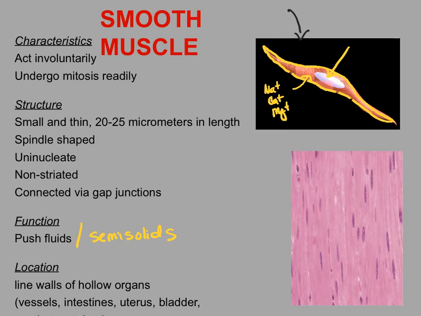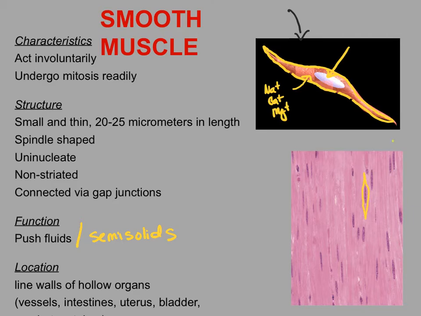So I've got the picture on the top that shows you the general structure of one individual smooth muscle cell. But the reason I have that there is because in the picture of the histology below that, it's really difficult to see the individual shapes of the cells. So I can just kind of outline one right here, right?